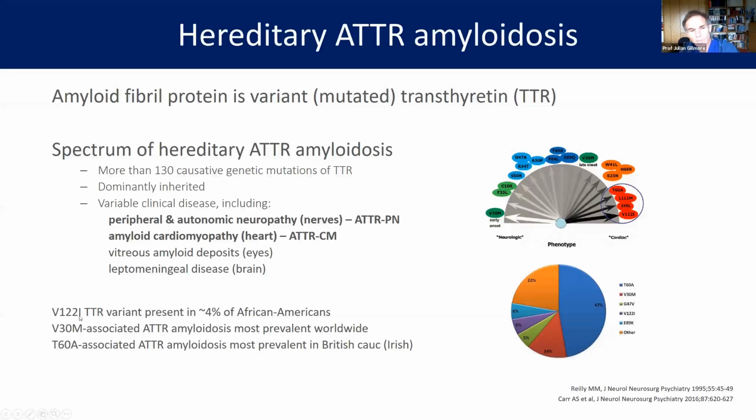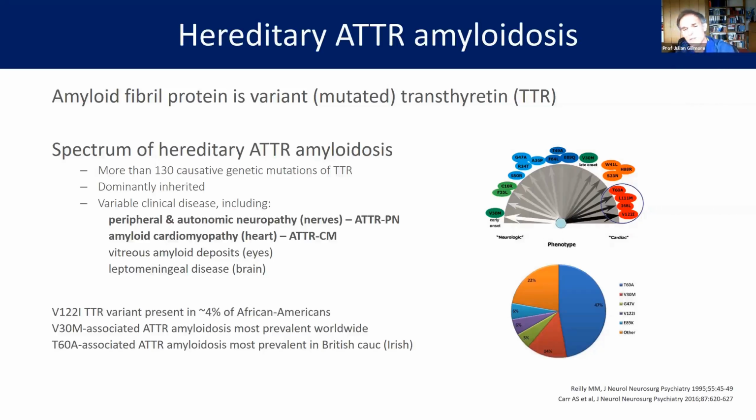There's one particular mutation that Mary also mentioned, and I just wanted to highlight, and that is the V122I mutation. Isoleucine 122 is the long term, the I is isoleucine. And that particular genetic mutation is present in 4% of people of West African descent and Afro-Caribbeans.